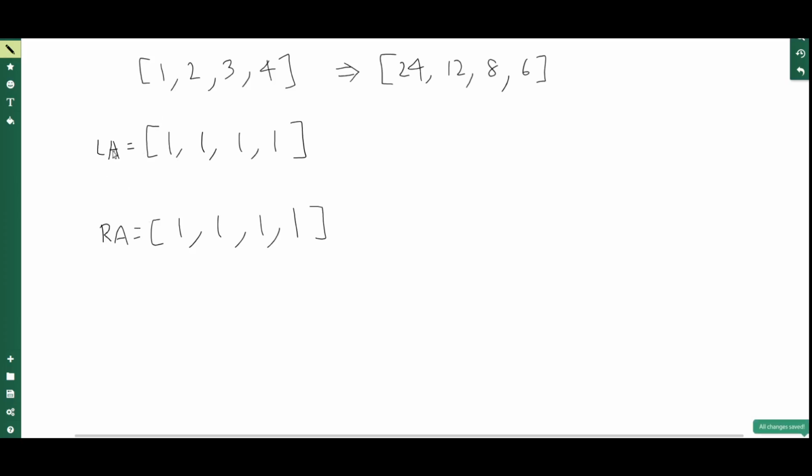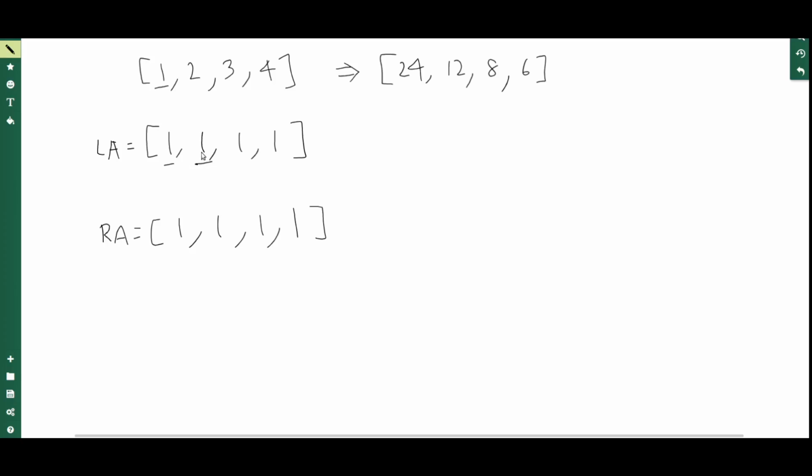So what LA and RA stand for is that for LA, as we traverse the array from left to right, we'll have the current position equal to the previous position of LA times the previous position of nums. And this is the cumulative product from left to right. So as we traverse, it would start from the second position here, because the first one doesn't have a cumulative product.